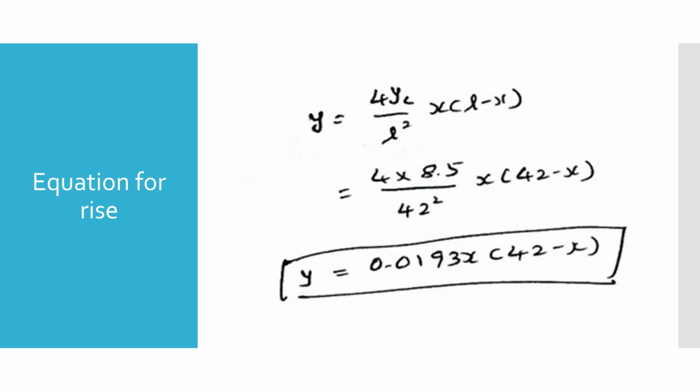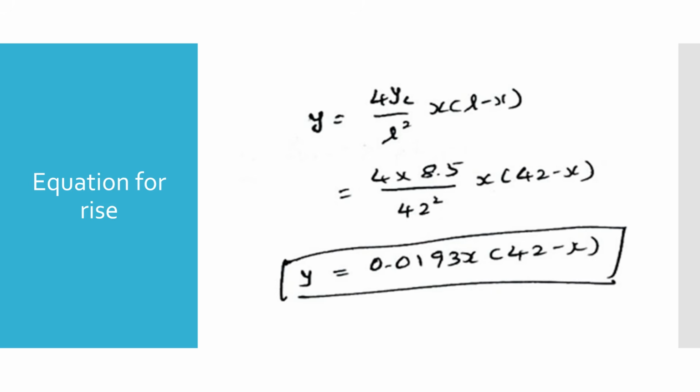To analyze any point along the arch axis, we first derive the parabolic elevation equation for central rise, y. The general parabolic relation is y equals 4yc over L squared times x times (L minus x).